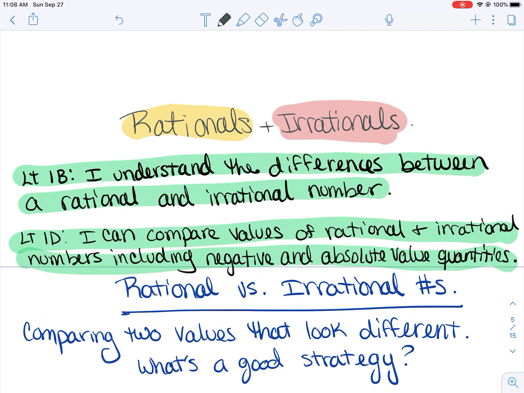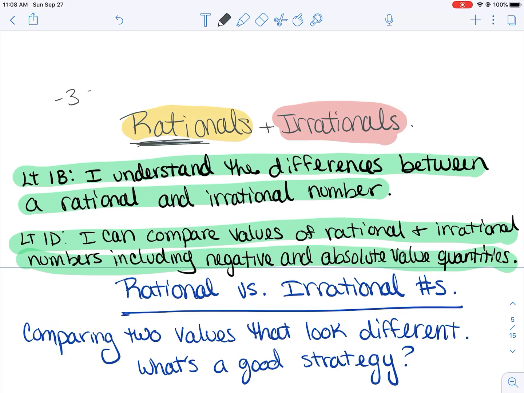So rational numbers are numbers that you can make into nice, tidy little fractions, or ratios, as the beginning of that word says. So anything you can write as a fraction or as a ratio is a rational number. That means we could have integers like we looked at before, so like -3.